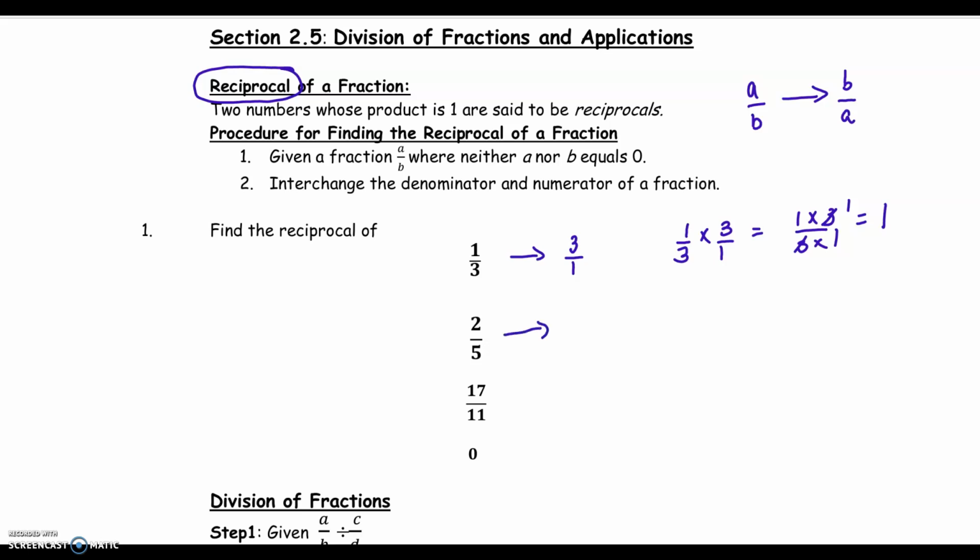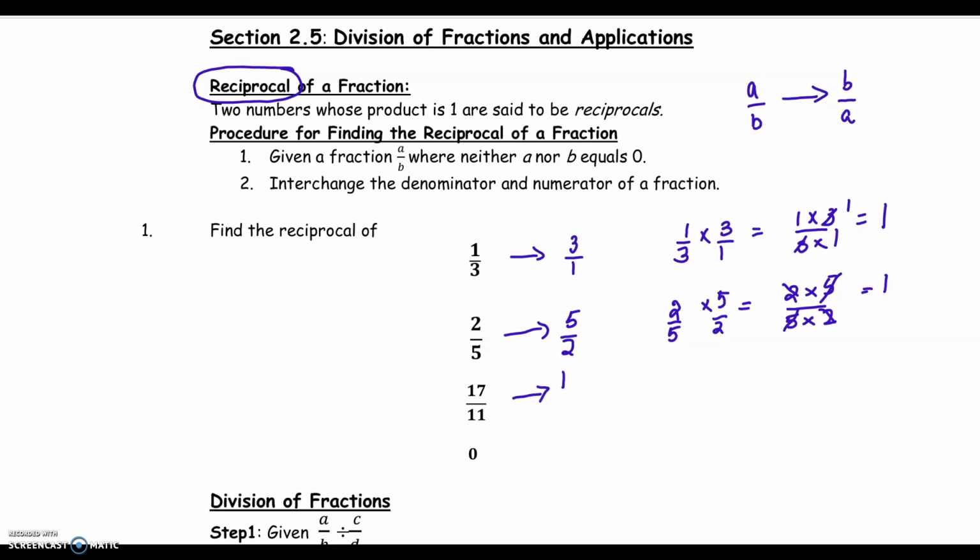The reciprocal of 2/5 is 5/2, because 2/5 times 5/2 is equal to a 1, because every factor in the numerator cancels with a factor in the denominator. So 2 over 2 is a 1, 5 over 5 is a 1, so 1 times 1 is a 1.